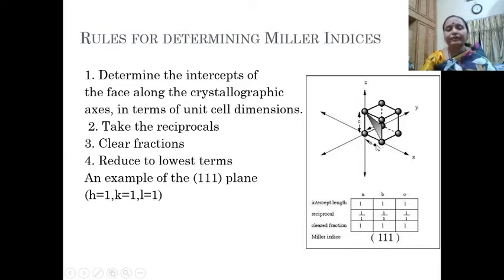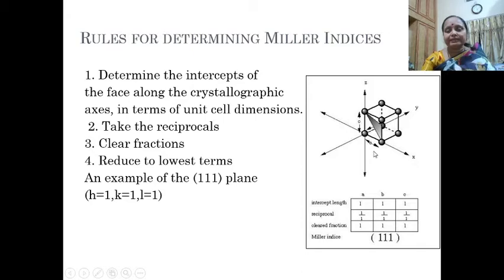Then we take the reciprocal of it. Then we clear the fractions: after taking the reciprocals, I clear the fractions by multiplying with a suitable integer. Then it is reduced to the lowest terms.